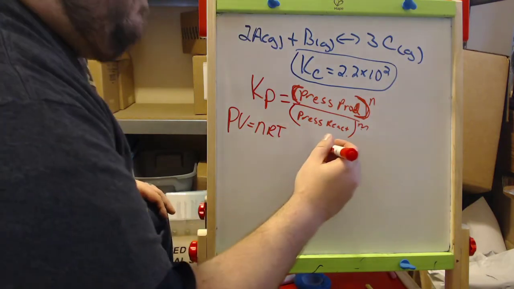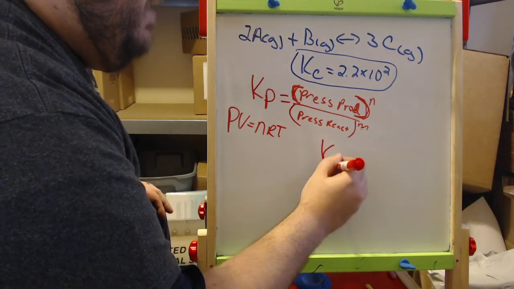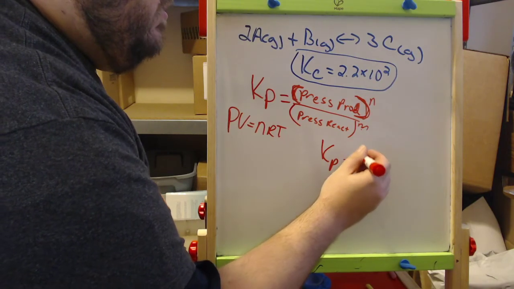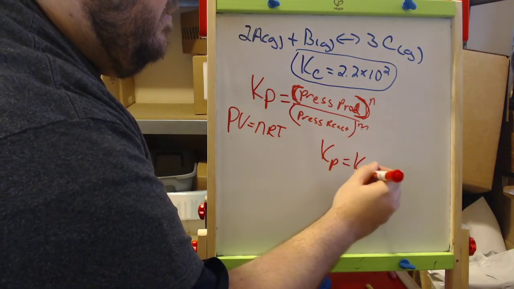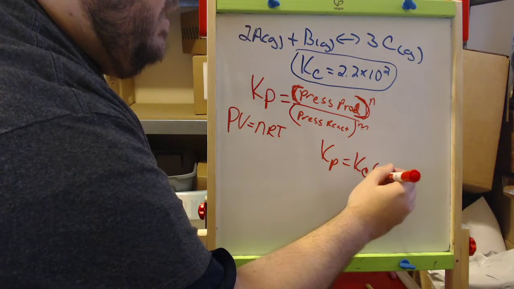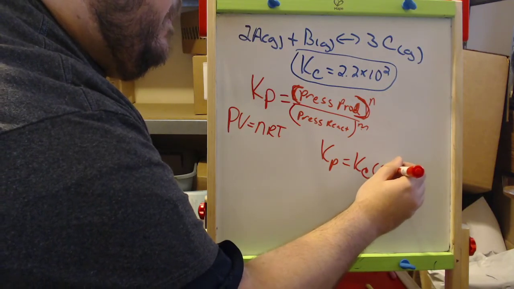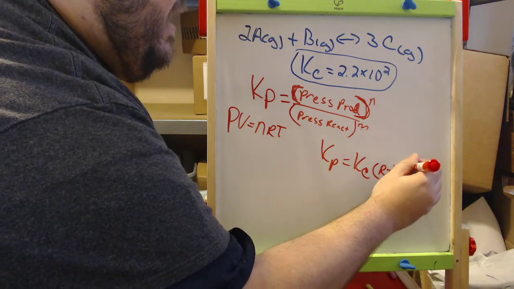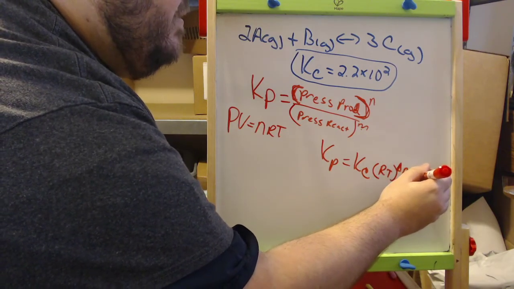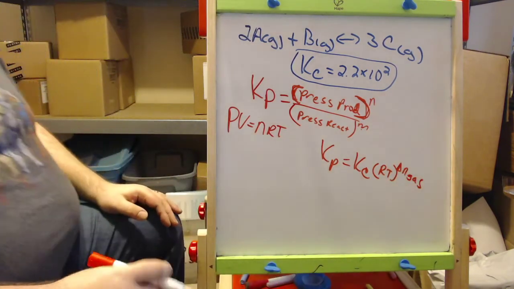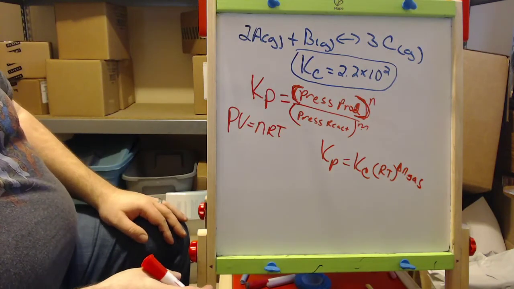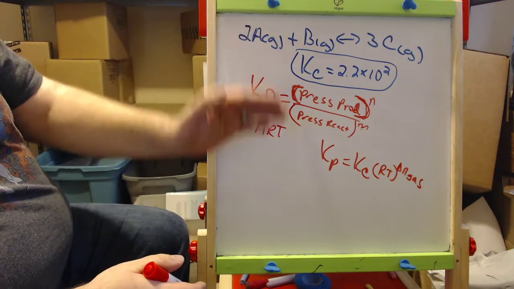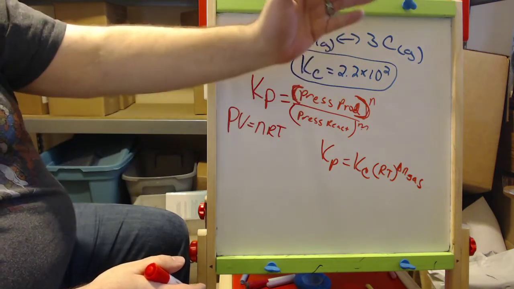The formula that relates Kp to Kc is Kp is equal to Kc times (RT) to the delta n gas. Okay? Kp is equal to Kc (RT)^(delta n gas).